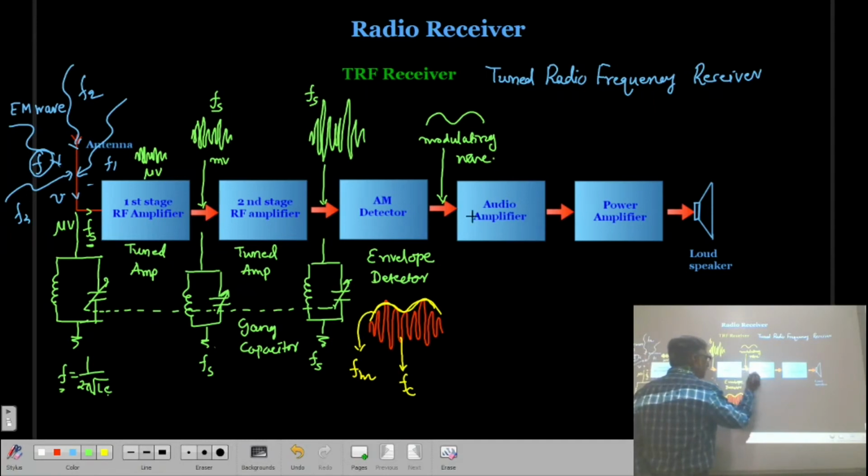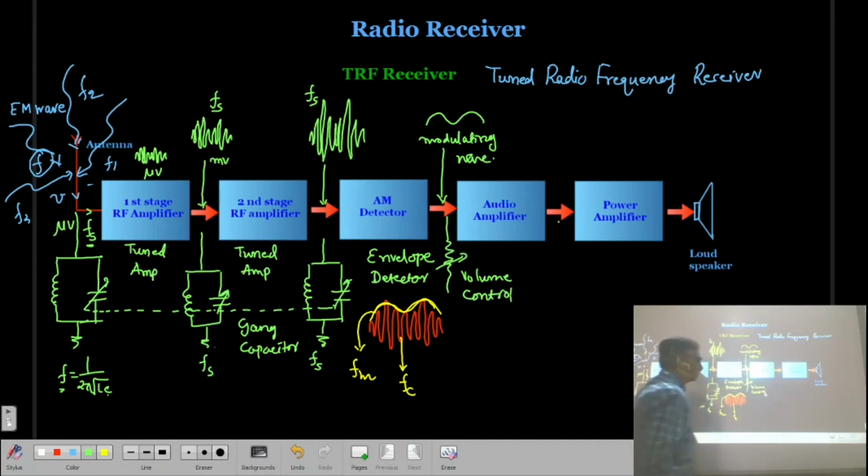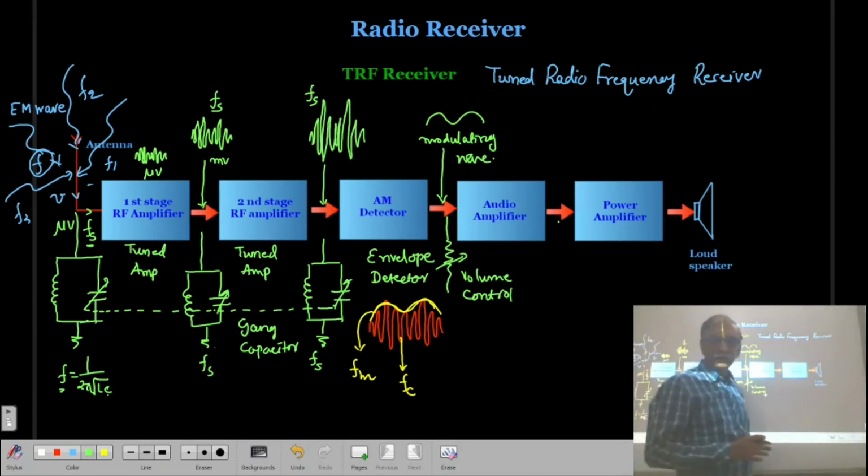Before you apply it to the audio amplifier, either you can have a volume control at this stage, or you can also have a volume control before the power amplifier. This is a volume control knob, which is nothing but simply a potentiometer.